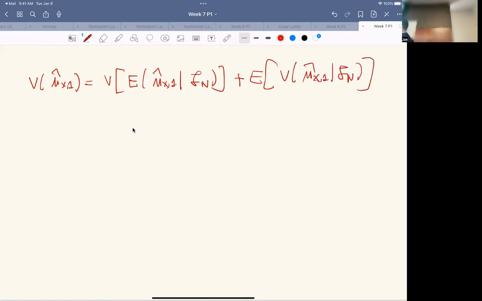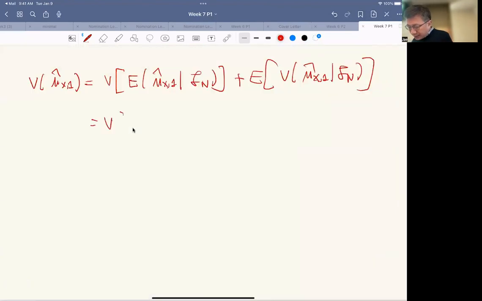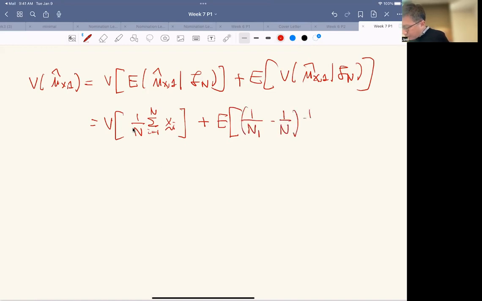We are talking about design-based, but the parameter is actually a superpopulation parameter, right? Mu x is a superpopulation parameter. So this guy is 1 over n, sum over i equal to 1 to n, plus 1 over n1 minus 1 over n, something like that.